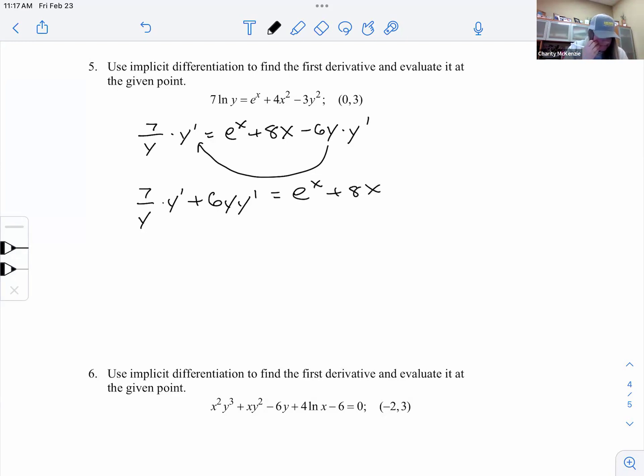Okay, so we're here. Now I'm going to factor out a y prime. That's going to leave 7 over y plus 6y, times y prime, equals e to the x plus 8x. So we'll divide over that entire parenthesis, and that's going to give us our y prime.